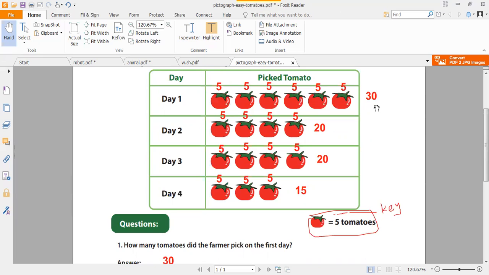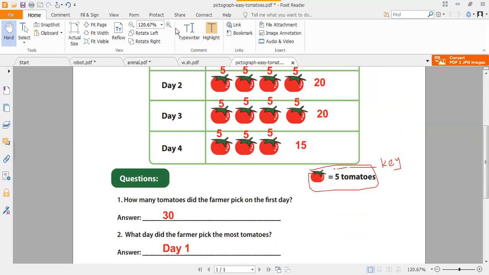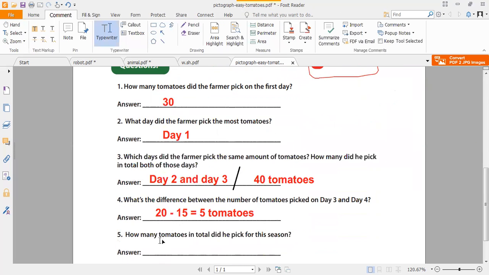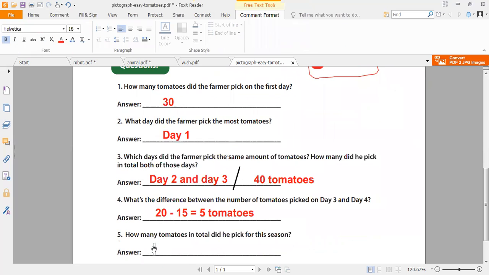The number of tomatoes that he picked in day 1 and day 2 and day 3 and day 4. That means I will add 30 plus 20 plus 20 plus 15. Okay, let's start to add. 30 plus 20 plus 20 plus 15.